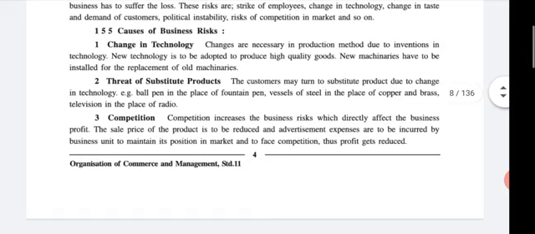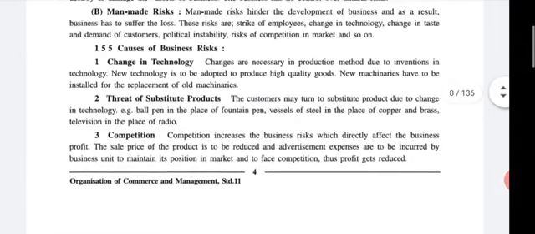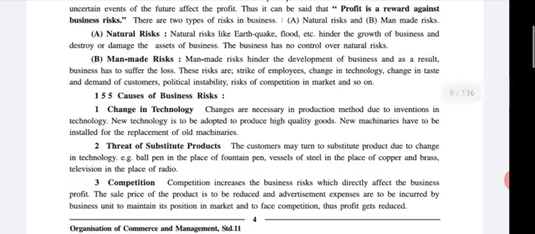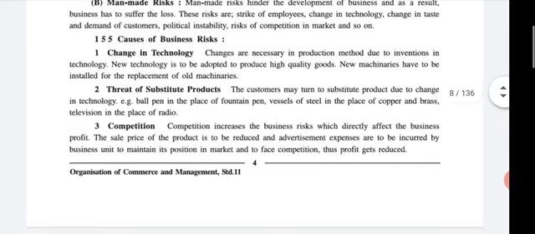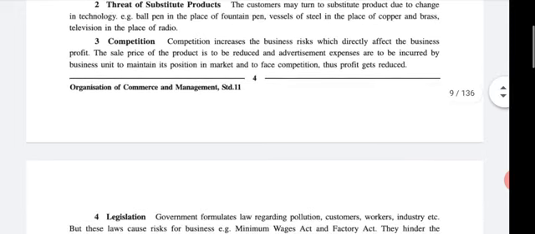Then the next topic is causes of business risk. So there are a total of 6 reasons for business risk. First, change in technology. Then threat of substitute product. Then competition. See students, here we revise only head points because we have already studied in detail.